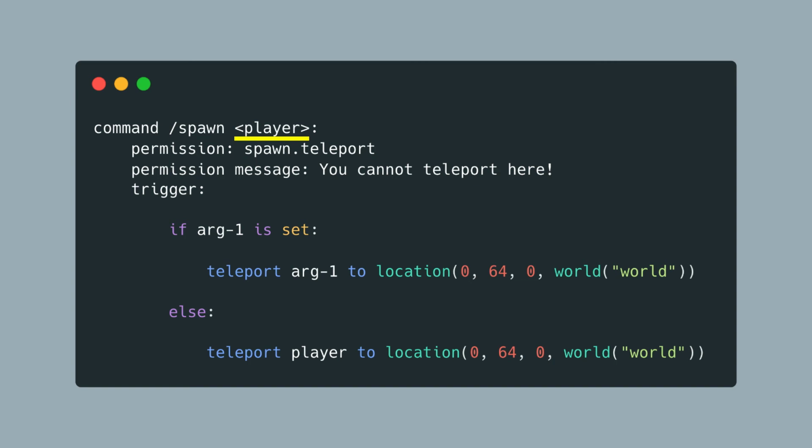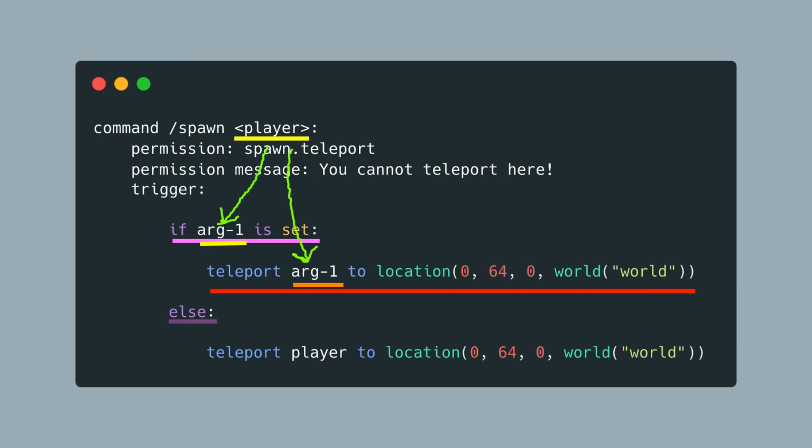Next, we actually have a condition now where we're saying if arg-1, which stands for argument 1, is a player, which is what we defined at the top. So we're saying if arg-1 is set, then teleport arg-1 to our spawn location, and if it isn't, then we'll just teleport the player who ran that command to the spawn location.